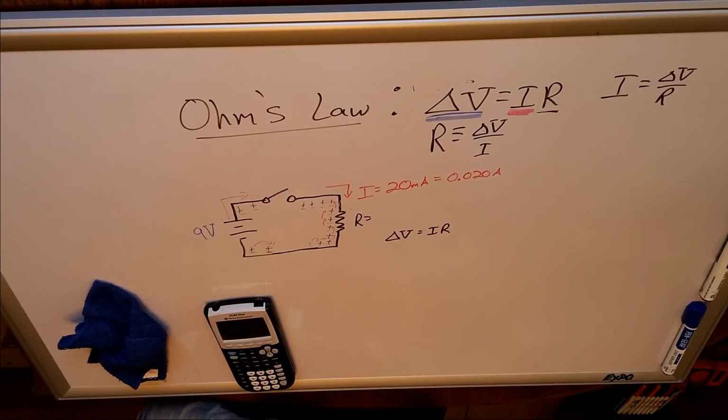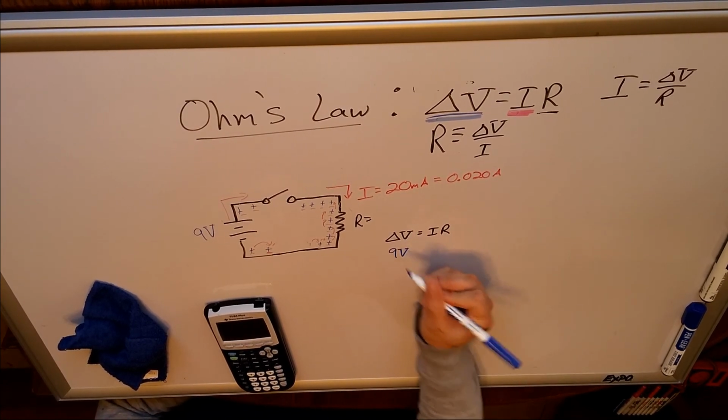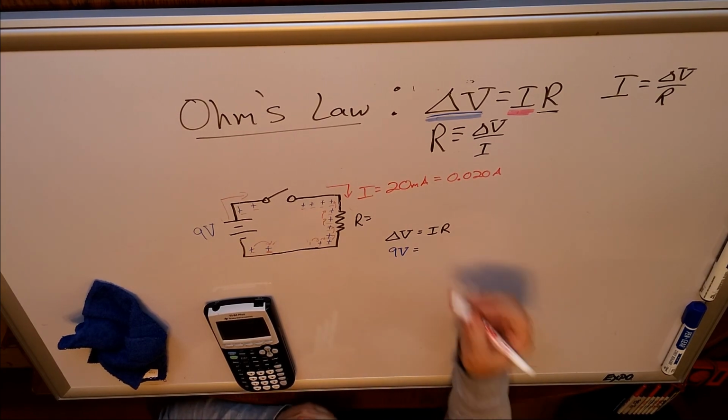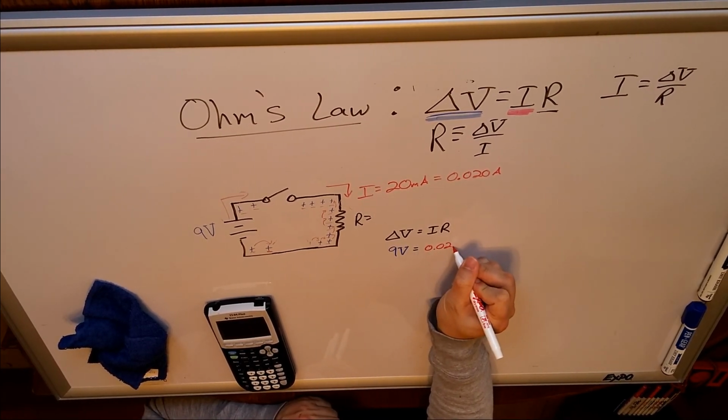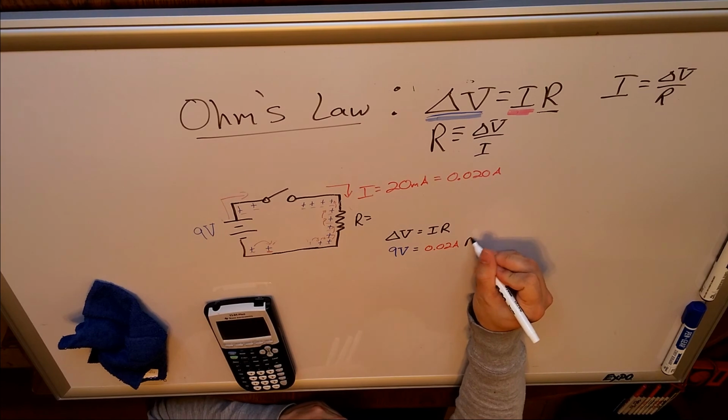We do not need to work with LEDs for what we need for our classes, though we might down the road, depending on time permitting. We want a 9-volt battery powering it, and I want a maximum current of 0.02 amp, 20 milliamp, and then an unknown resistance.